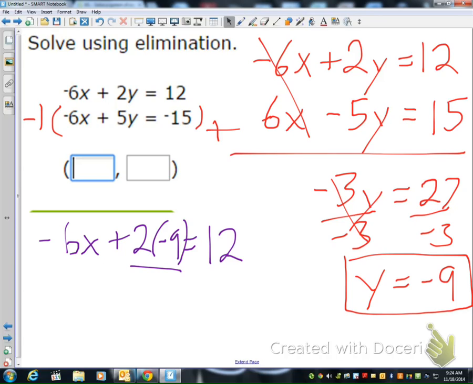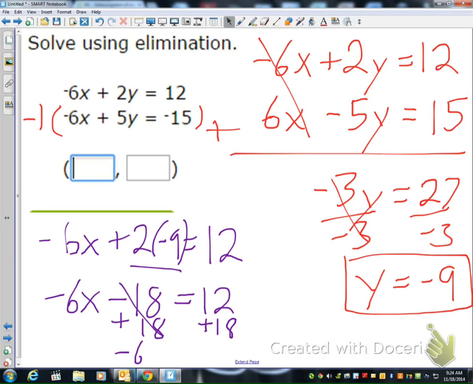So 2 times negative 9 is, so I'll have negative 6x minus 18 equals 12. And then from there, add 18 to both sides. And I get negative 6x equals 30.